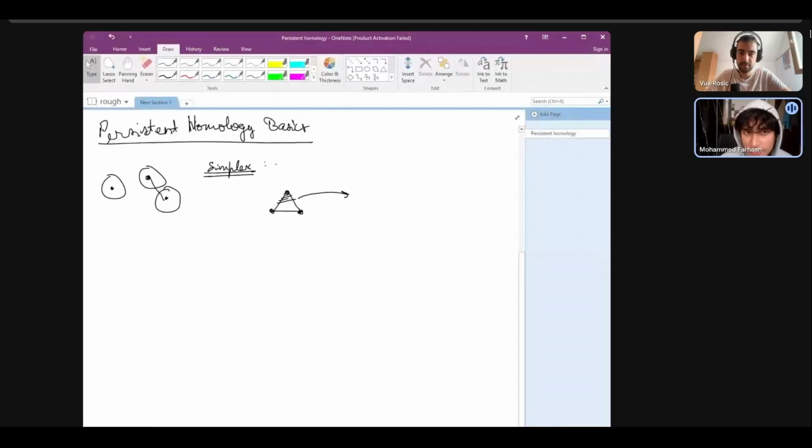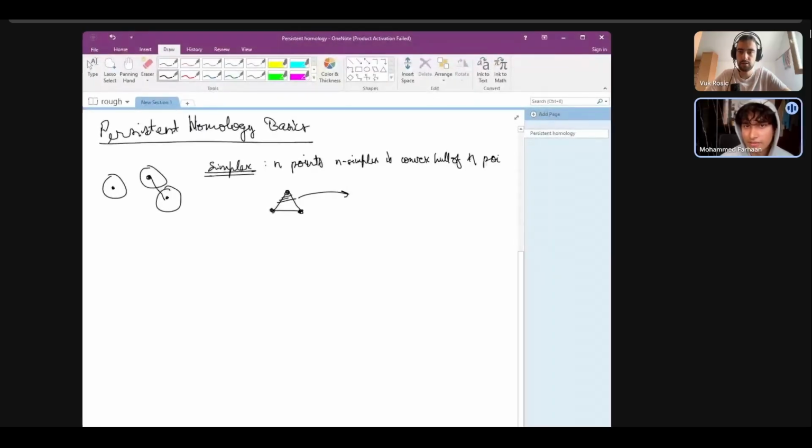In more formal terms, if you have n points, then a simplex, or an n simplex, is the convex hull of the n points. I'll explain what this means.